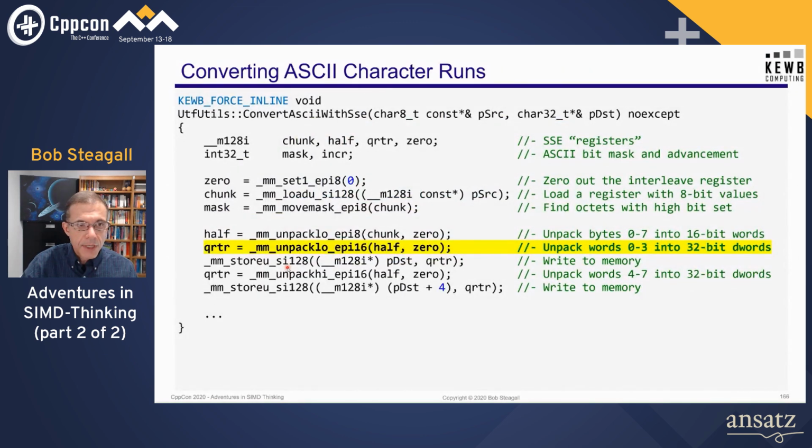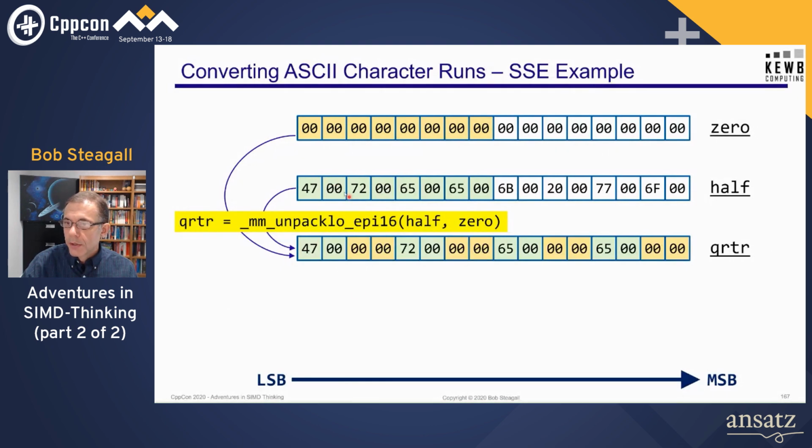The next thing I do is the same thing again. I unpack the lower half of what I had before, and it fills in zeros in the second part. So here I'm taking the lower 4 units and unpacking them into 32-bit units, interleaving with zeros.